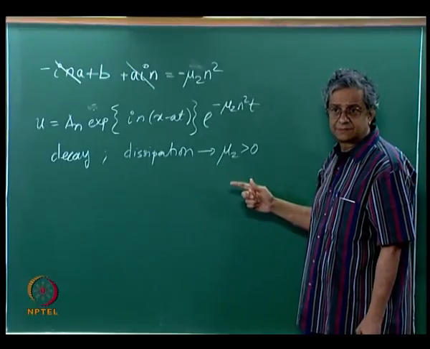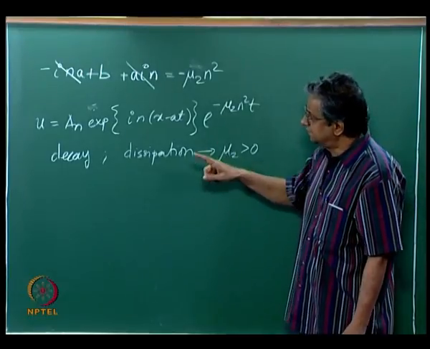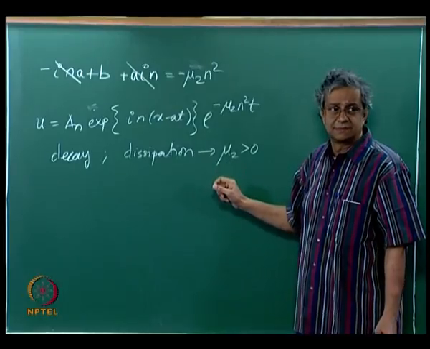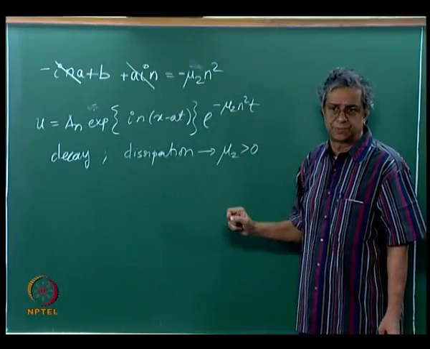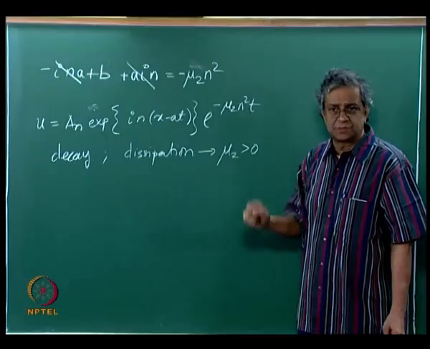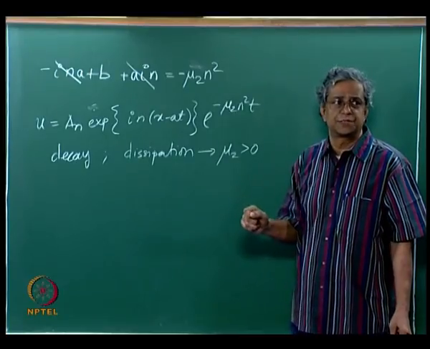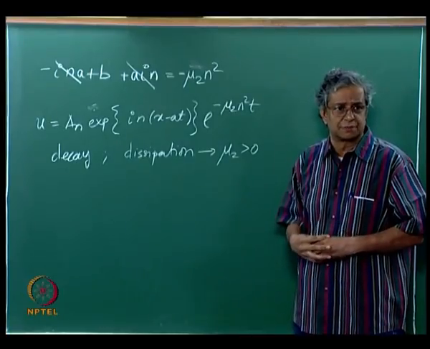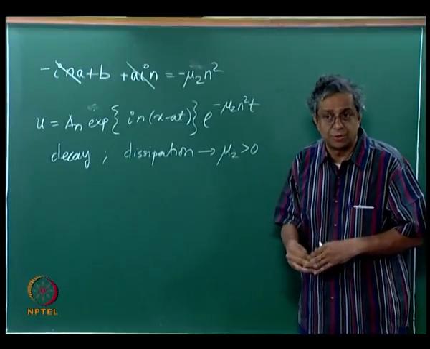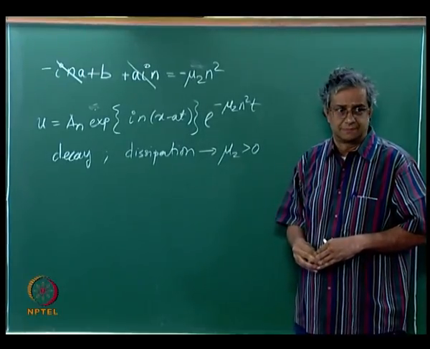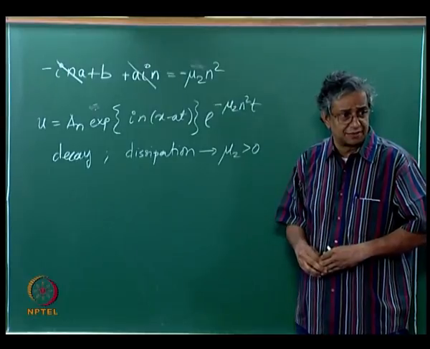Remember, I have added this term to the right hand side because such a term appeared in my modified equation. And what is the modified equation? The modified equation is the equation to which my approximate solution, the solution that my program is generating, is a solution.